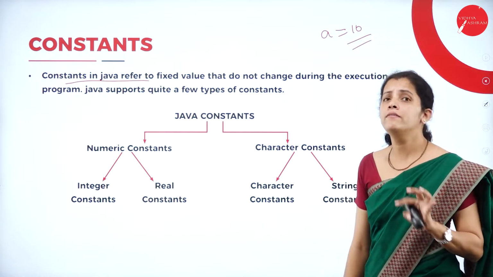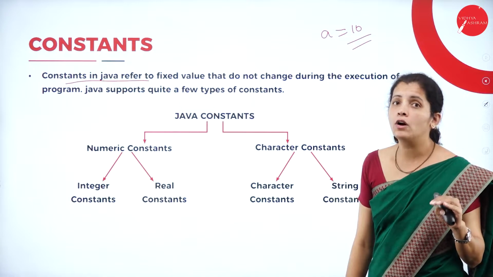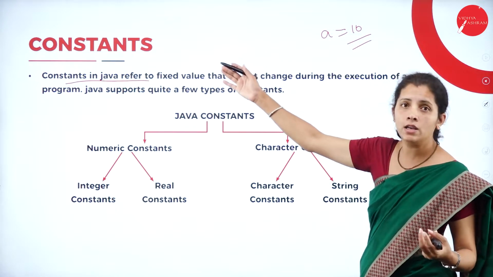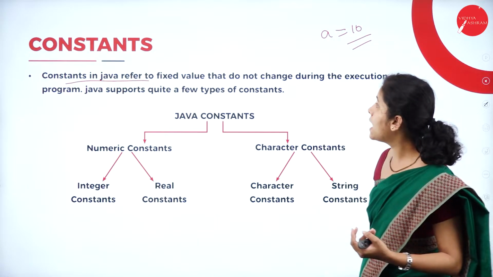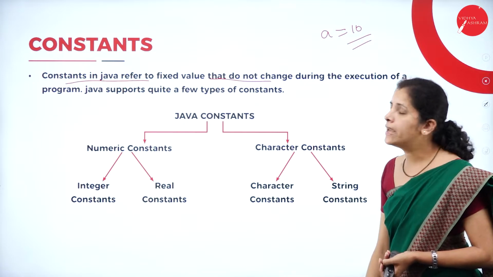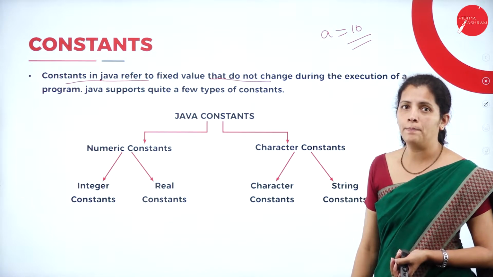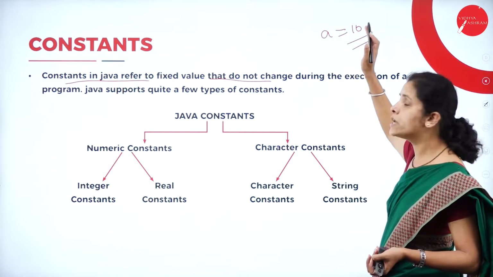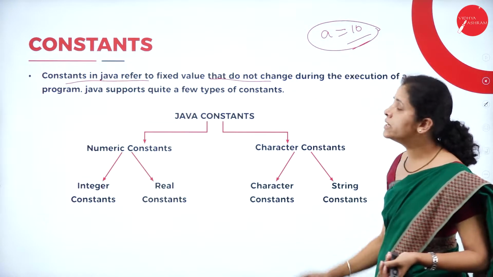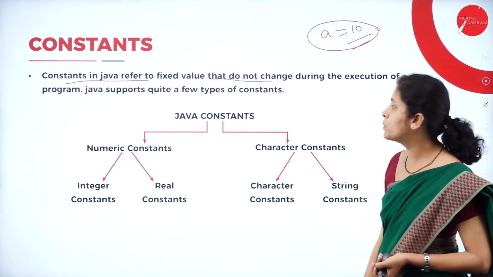That means whenever I encounter any fixed value, it is termed a constant, which does not change during the execution of the program. That means if I write A equal to 10, then it does not change during the execution of the program.